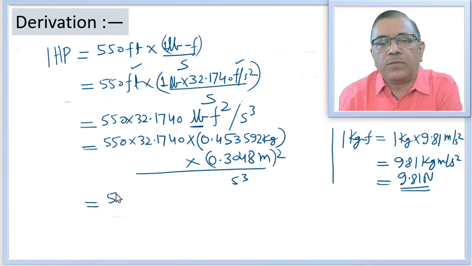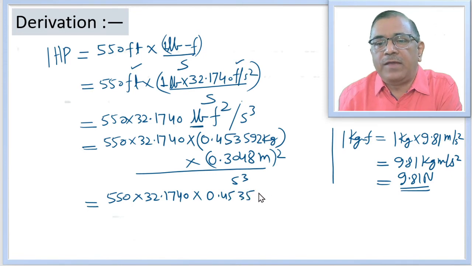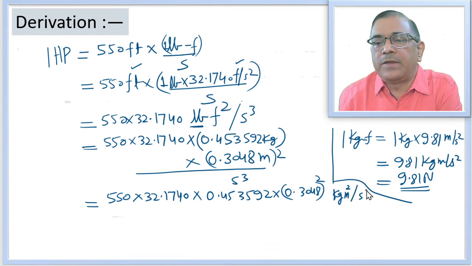Now let us write this as 550 multiplied by 32.1740 multiplied by 0.453592 multiplied by 0.3048 whole square, and the unit has to be kg meter square per second cube, and this is what is called a watt.